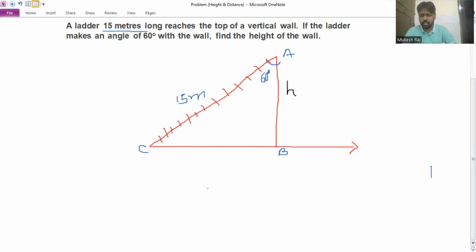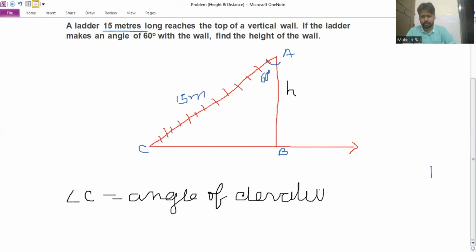In that case, from the angle sum property of the triangle, we can find angle C. Without much calculation, I will let you know that angle C is the angle of elevation, which will be equal to 30 degrees.